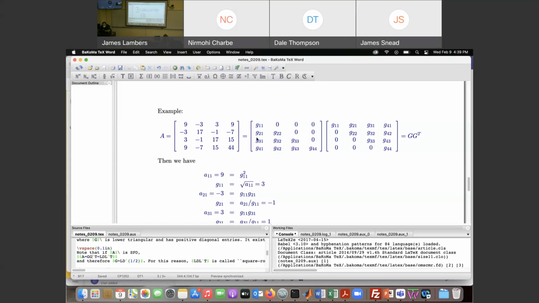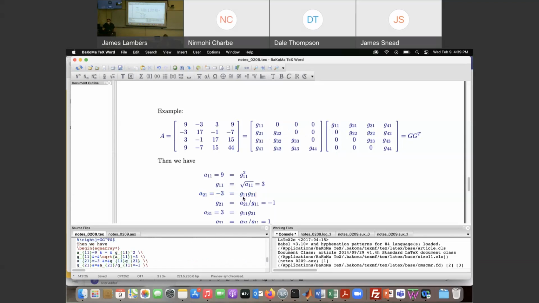Now I'm going to keep going down this first column of this product. Like the 2-1 entry. That I get from going across the second row and down the first column. But because of G being lower triangular, all I get is G21 times G11, and then I get nothing else. So here's my formula for A21.